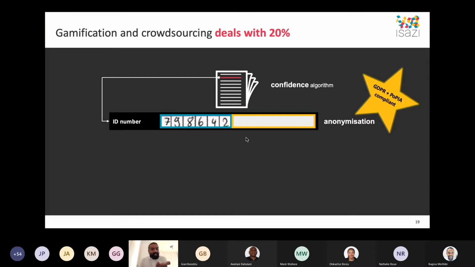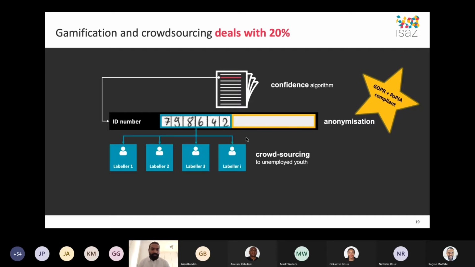We then take that piece of data, and we've created an online game that unemployed youth in South Africa log onto. And they play this game for us to get consensus around data. So this piece of this ID number, if our first labeler plays our game and goes 798642, our algorithm's confidence shifts.